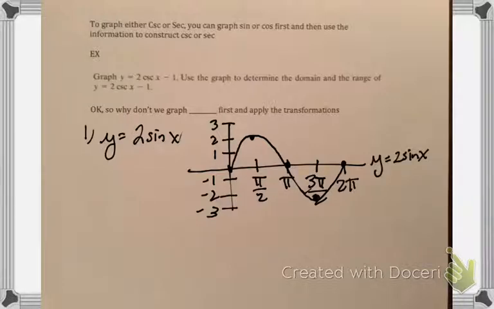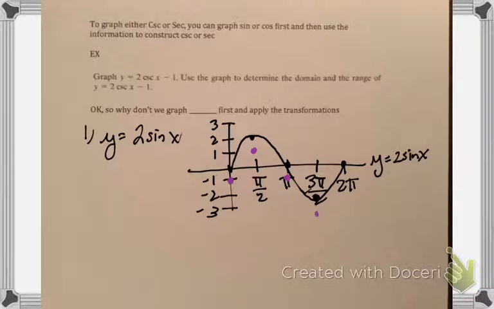Okay, now I'm going to take all those points and I'm going to drop them down 1 unit. So I'm going to do this in purple. Okay, so 0 becomes negative 1. 2 becomes 1. So I'm literally taking these points and just dropping them down. At pi, sine is 0, so it becomes negative 1. At 3 pi over 2, sine was negative 2, so it becomes negative 3.